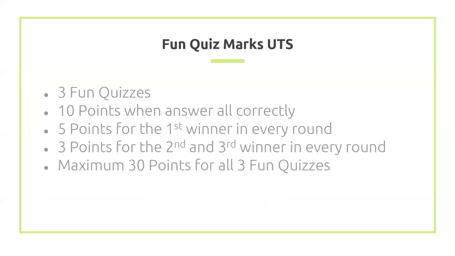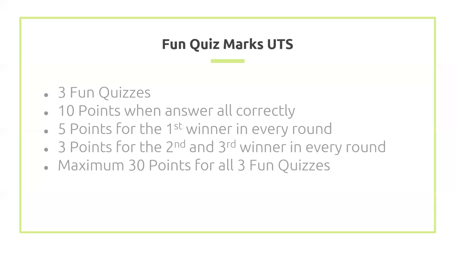It will still be 30 points for the UTS, the midterm. But I will give 5 points bonus to the first winner in every round, and 3 points bonus for the second and third winners in every round. So if you miss points in some round, you can make up for it by being the winner of the next round.